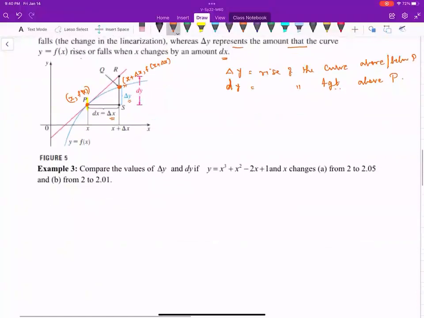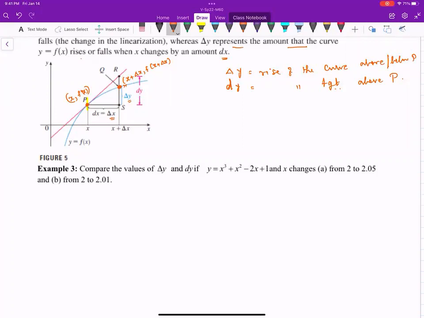Okay, let's try this example. Compare the values of delta y and dy if y equals x cubed plus x squared minus 2x plus 1, and x changes A from 2 to 2.05 and B from 2 to 2.01. Both are of the same kind, only the values in the first part are 2 to 2.05.